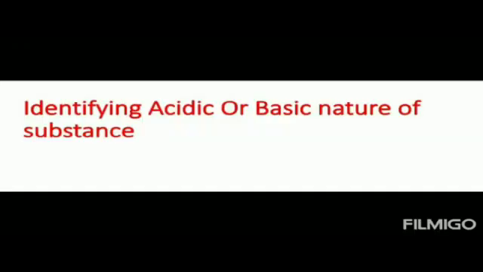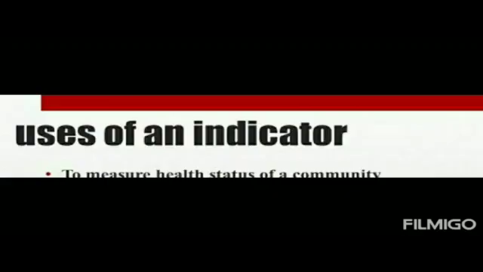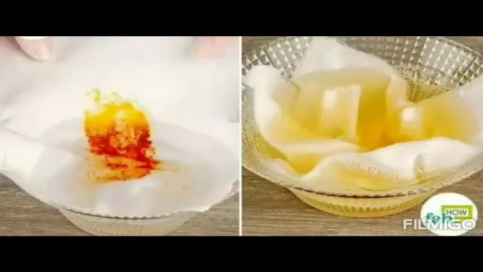How to identify the acid or basic nature of a substance? As discussed earlier, indicators are used to identify the acid or basic nature of a substance. Turmeric is a natural indicator which acts only on bases. For example, when curry stains a white shirt and you try to rub soap on it, it turns red.